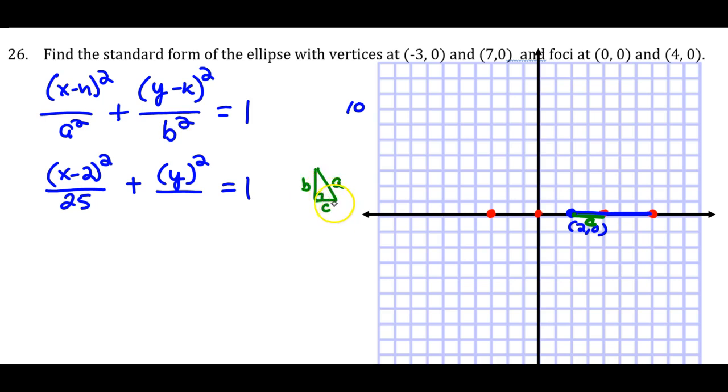And so using the Pythagorean theorem, we'd have b squared plus c squared equals a squared. We want to solve for b here, so we end up with b is equal to the square root of a squared minus c squared.